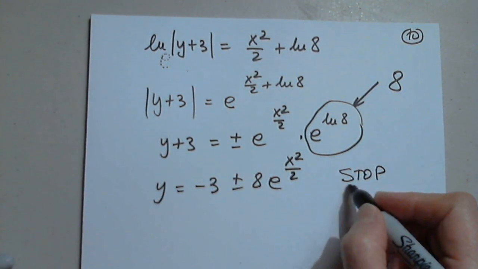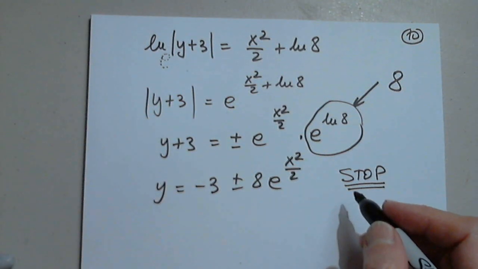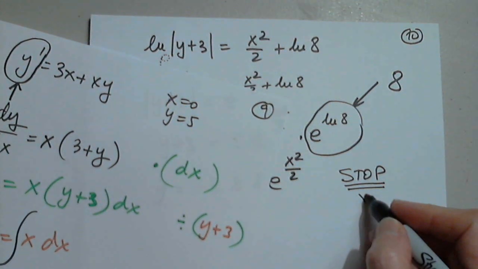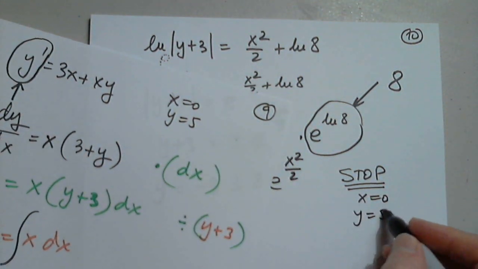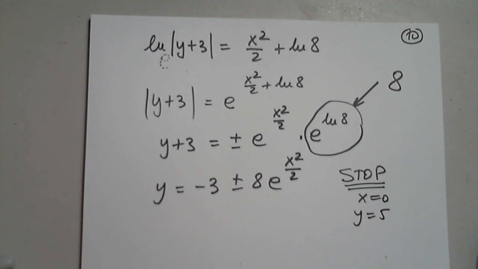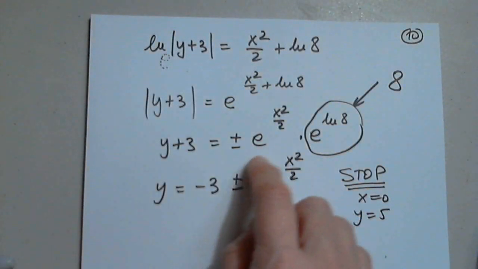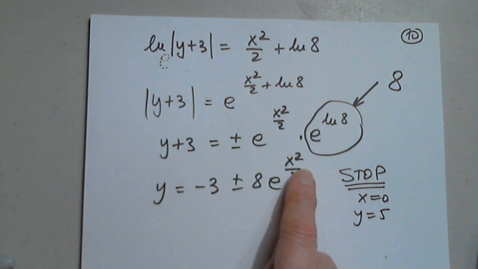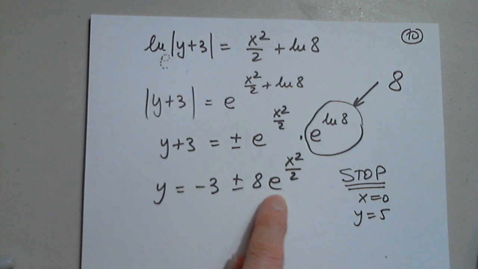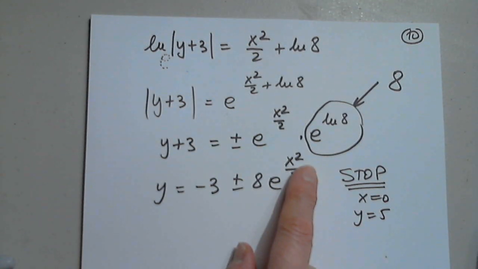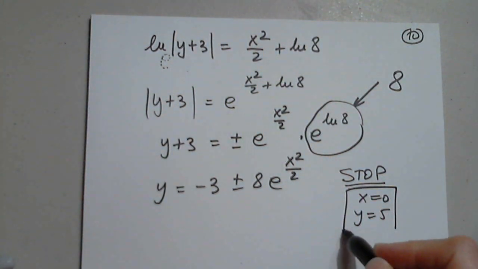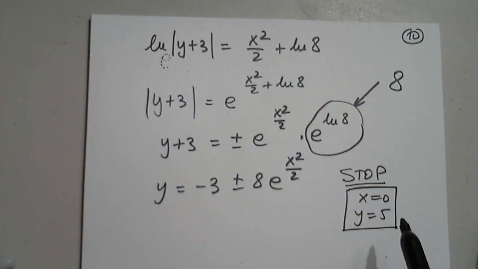Stop, because we have to make sure which one. Only the one that says when x is 0, y is 5. So this gives us two functions, negative 3 plus 8 times e to a power, and the second one, negative 3 minus 8 times e to a power. But only the one we will accept is the one that complies with the given initial condition. So let's try.